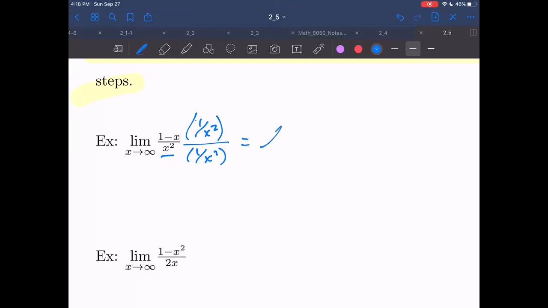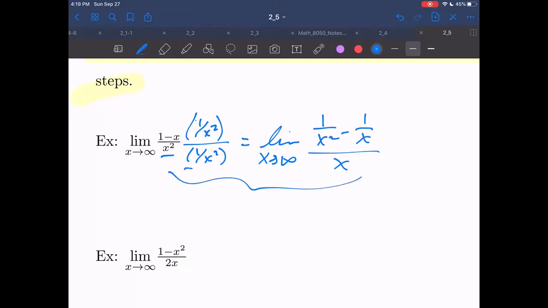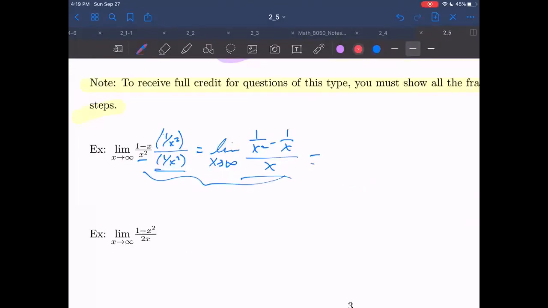So this is equal to the limit as x approaches positive infinity of, we distribute, 1 over x squared minus 1 over x over... These are what I mean by the intermediate steps. You've got to show what you multiply by, and you've got to show the resulting limit before you actually evaluate. Because these two are fractions, they'll both be 0. So it'll be 0 minus 0 over 1.